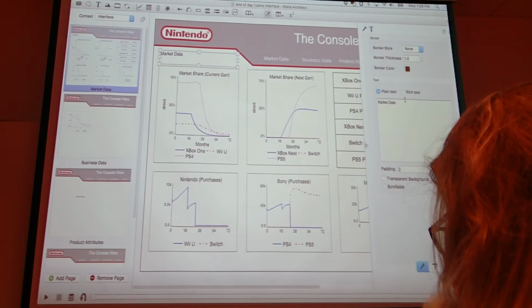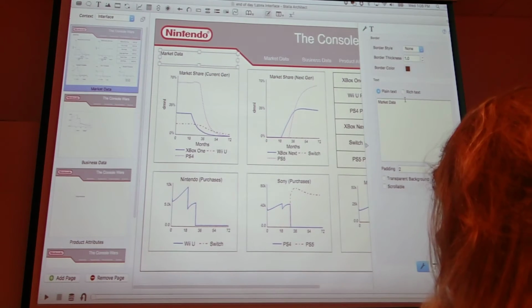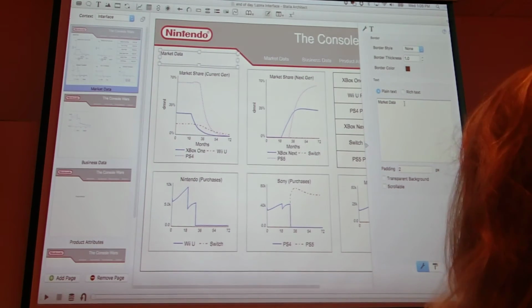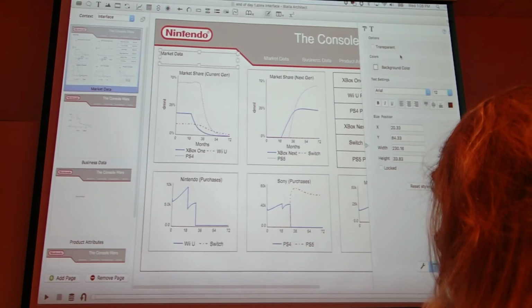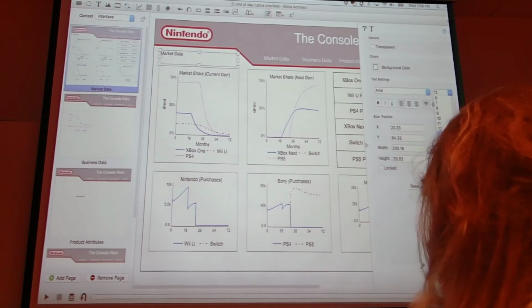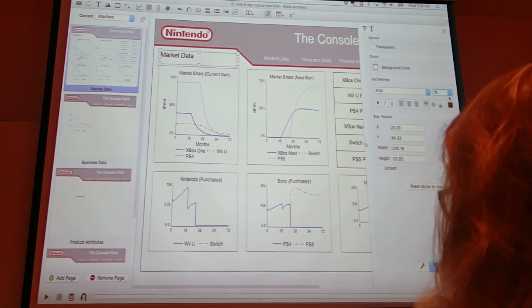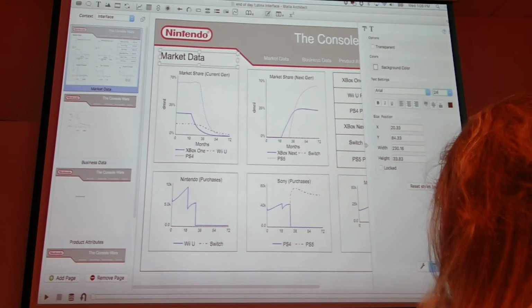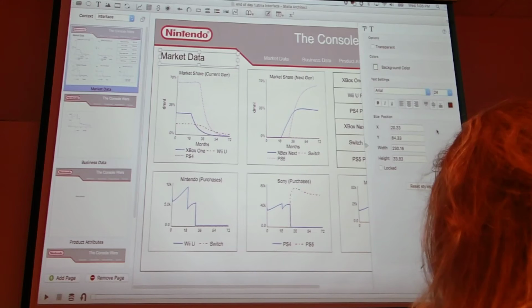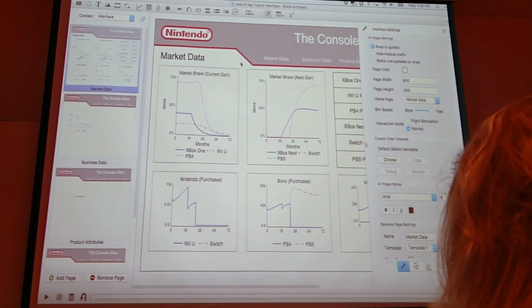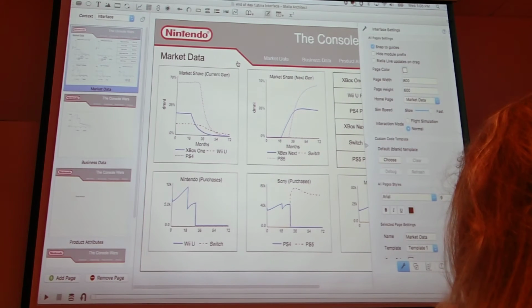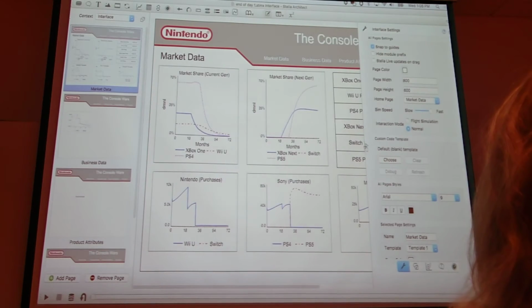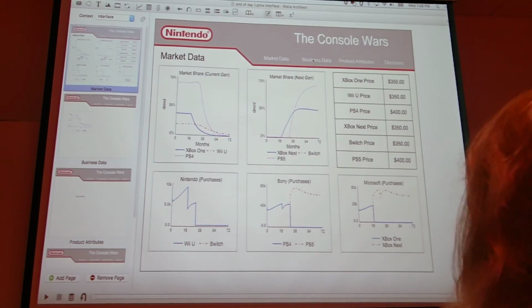Here I'm just going to use plain text because there's no need for me to style stuff individually. I'll make this size 18, I think. Yeah, we can actually go a bit bigger. 24. Let's see what that looks like.